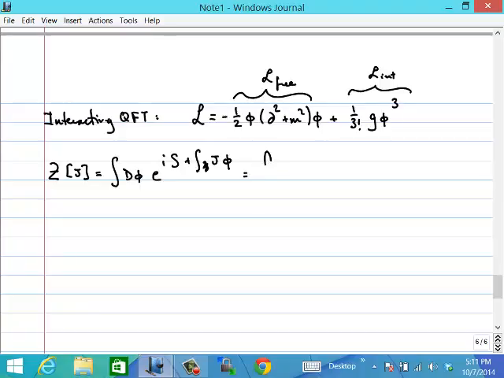So this is the integral d phi of the exponential of i times the integral d^4x of the free Lagrangian plus the interaction term plus the source term.